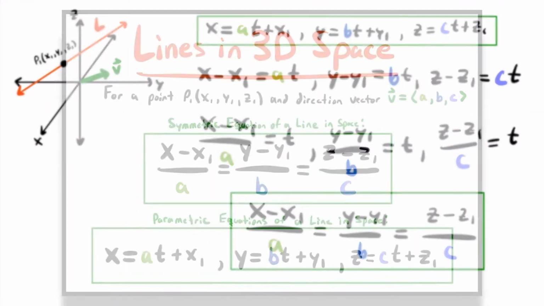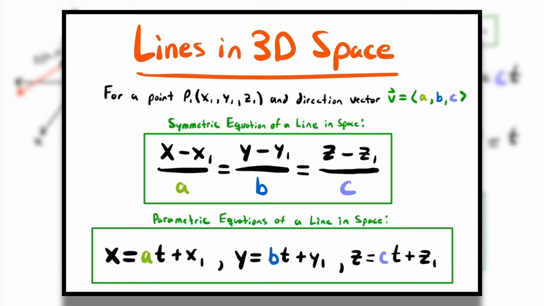Okay, so to summarize, to find the equations of lines in 3D space, you need to know a point P1 on that line with coordinates x1, y1, z1, and a direction vector, vector v, with components or direction numbers a, b, and c, and then use those components and those coordinates to either set up a symmetric equation of a line in space that looks like this: x minus x1 divided by a is equal to y minus y1 divided by b, which is equal to z minus z1 divided by c, or you could set up a set of parametric equations of a line in space, which look like this: x is equal to a times t, the parameter, plus x1, and then y is equal to b times t plus y1, and then z is equal to c times t plus z1.